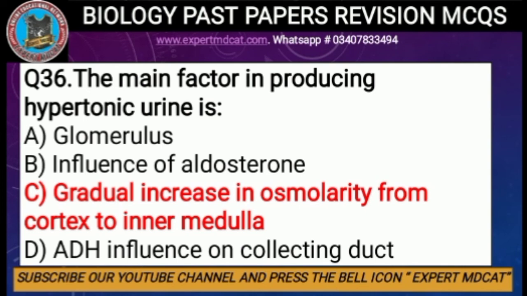Here the correct option is C, gradual increase in osmolarity from cortex to inner medulla. Because more water excretion gives hypotonic urine, and more solute excretion is said to be hypertonic urine, which leads to an increase in osmolarity.